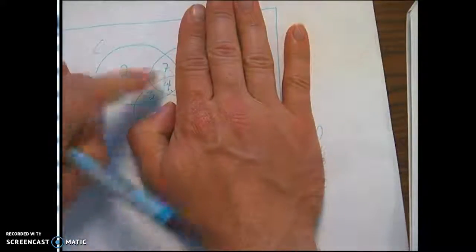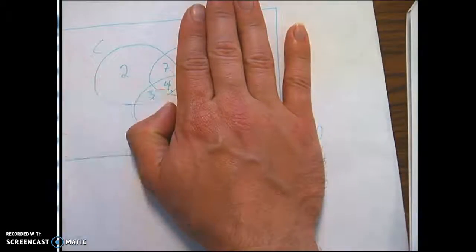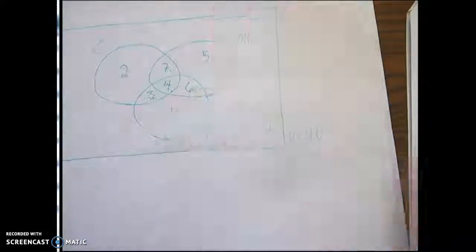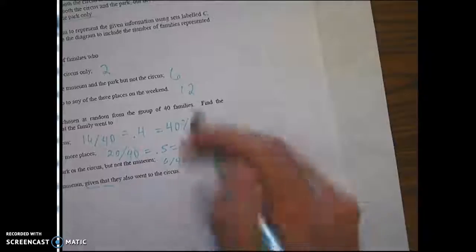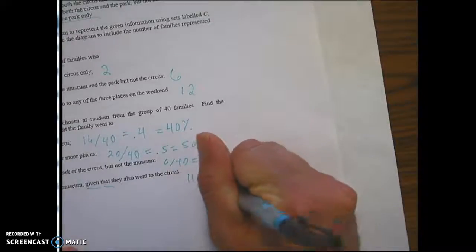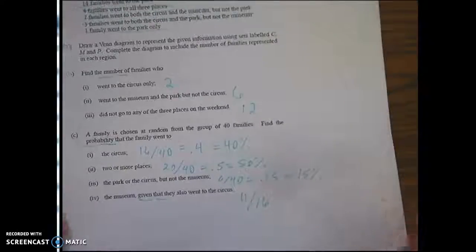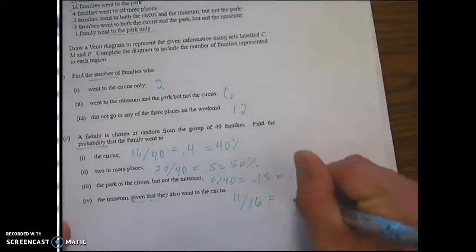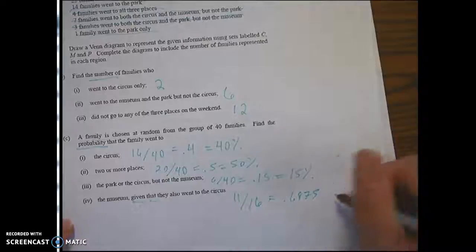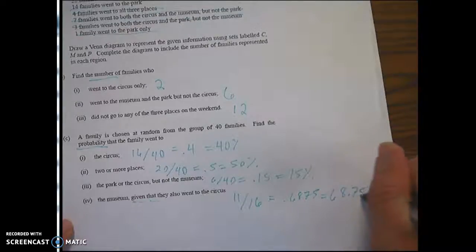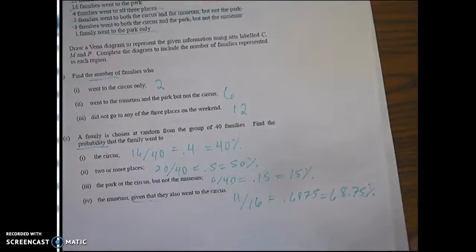Well, that would be these 7 went to the museum and these 4 went to the museum. 7 plus 4 is 11. So there is an 11 out of 16 chance that they went to the museum, given that they went to the circus. And of course 11 out of 16 is 0.6875 or 68.75% probability if you prefer.